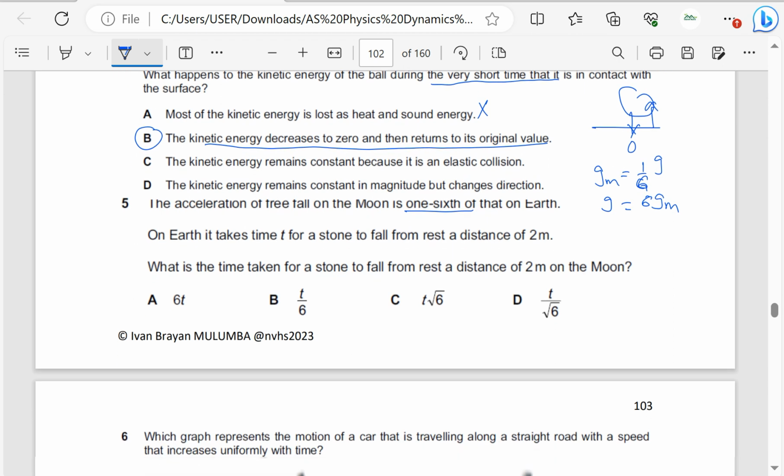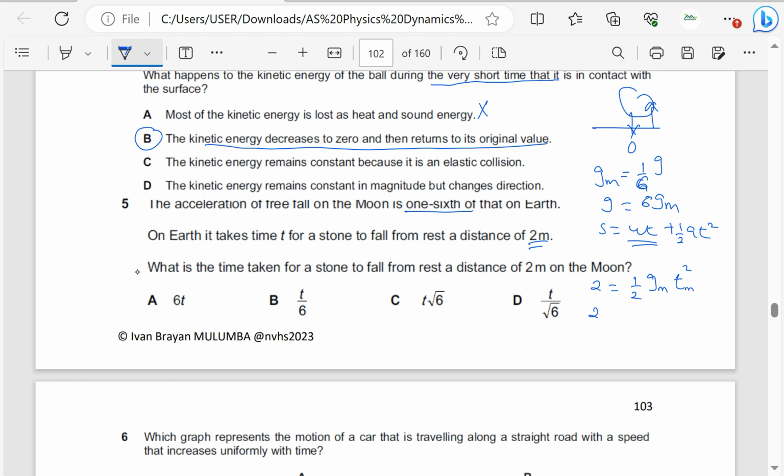Okay. So I am going to come up with two equations using s equals ut plus half at squared. Since it is falling freely, the initial velocity is 0. The distance is the same. So let's start with the moon. On the moon, s is 2 meters, initial velocity is 0, so 2 equals half times g on the moon, which I am calling g subscript m, times t on the moon, which I'll call tm, squared.